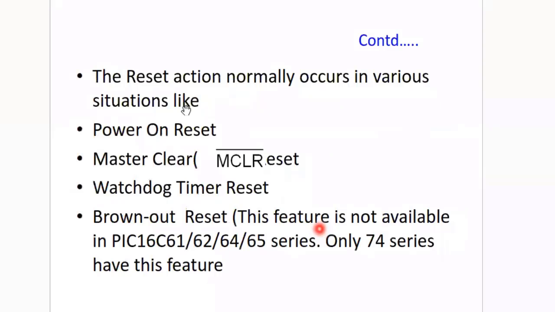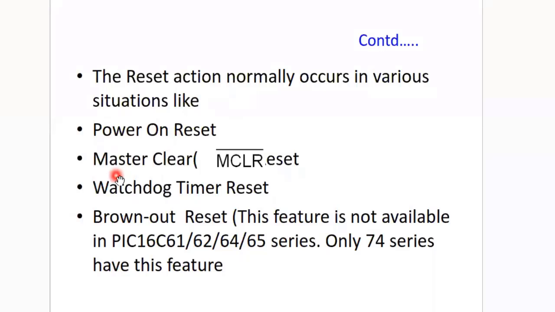And see, there are 4 types of resets available in a PIC microcontroller. First one is power on reset, which you know already. Power on reset is what? Whenever you supply power to the microcontroller, this power on reset comes into the picture, and it ensures a smooth starting and operation of the microcontroller.